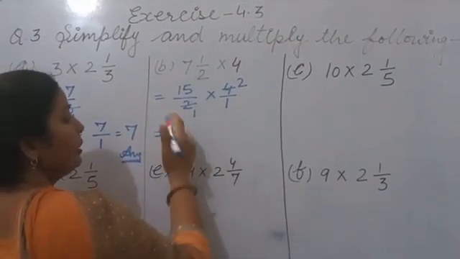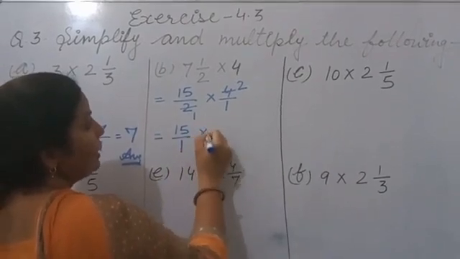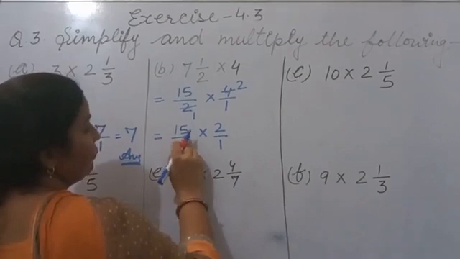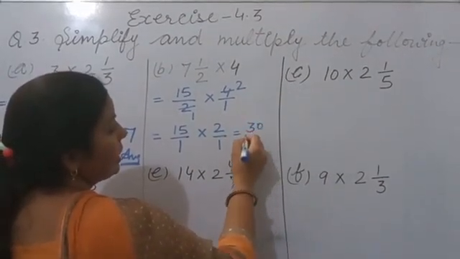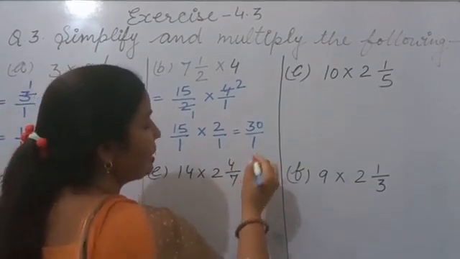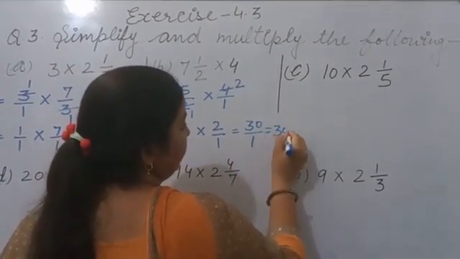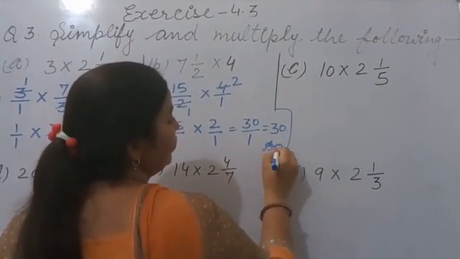So what is left here? 15 upon 1 multiply by 2 upon 1. Now 15 twos are 30 and 1 ones are 1. 30 upon 1 equals 30. That's your answer. Okay, so like this you will do.